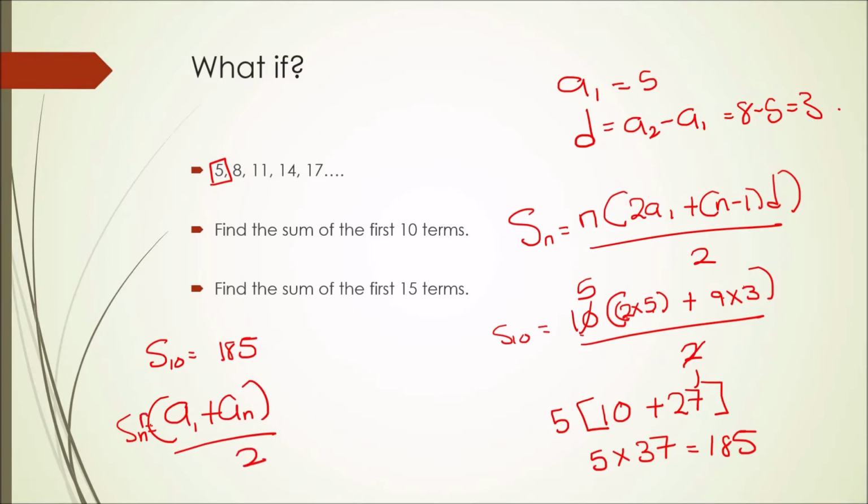Make it big. So it means we have to find A10. Now let's say we want to use this formula. We don't want to use the 2A1 plus n minus 1D. So first of all, we have to find A10.